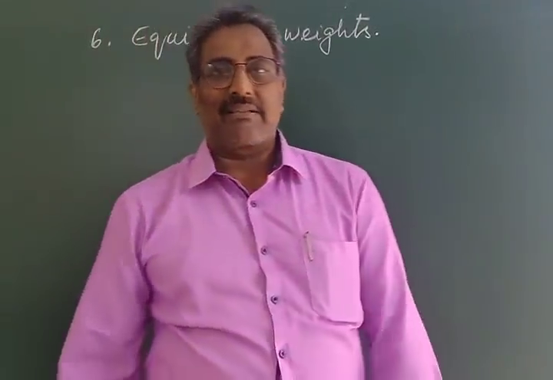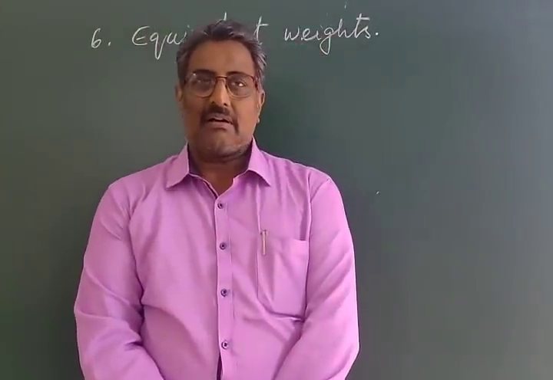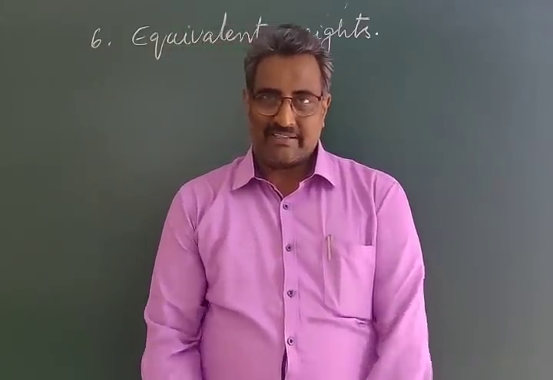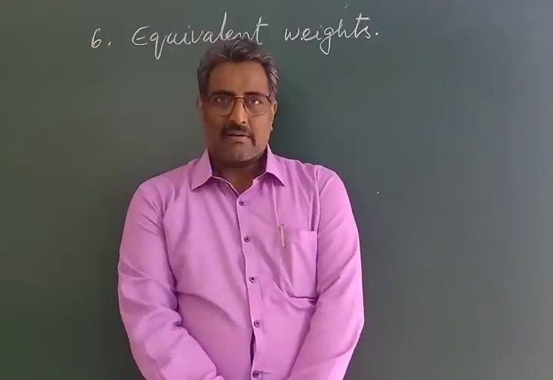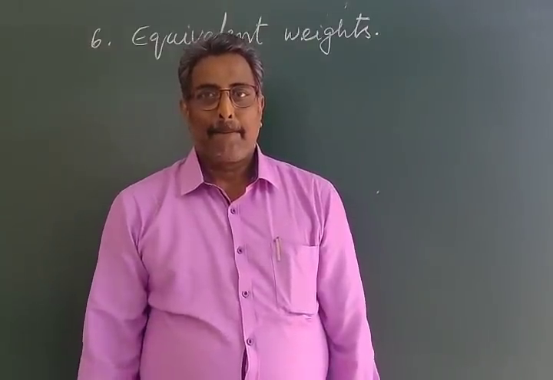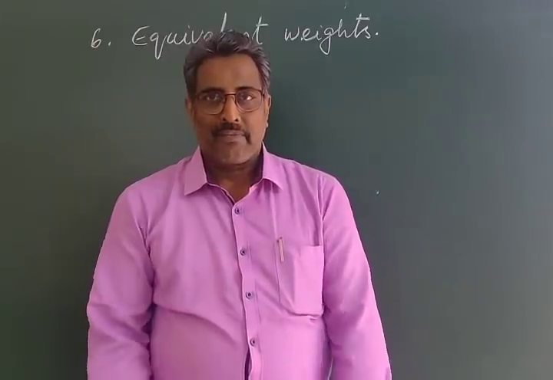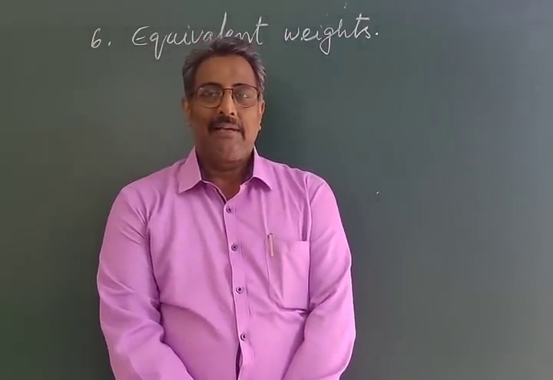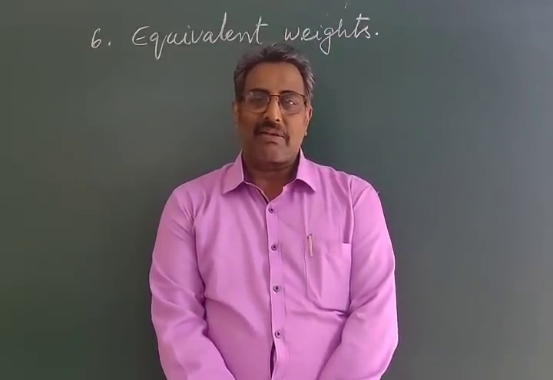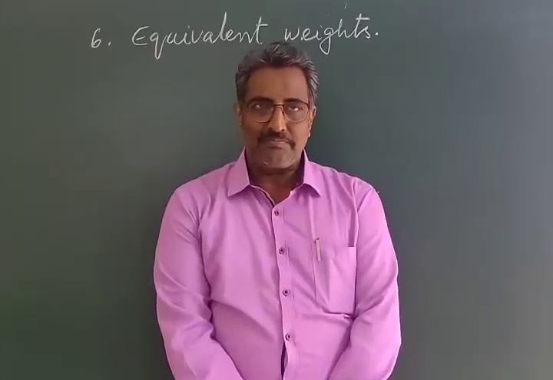You are familiar with the molecular weight or atomic weight. Atomic weight is defined as the number of times an atom of element is heavier than 1/12 of the mass of carbon-12 isotope.